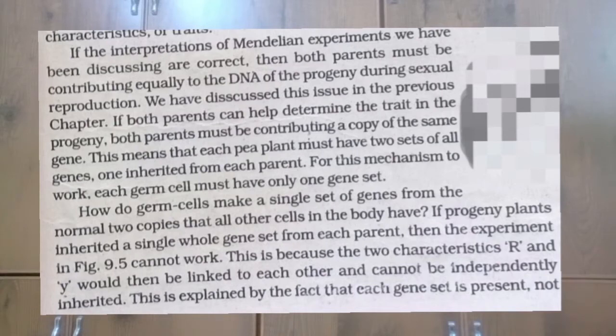How do germ cells make a single set of genes from the normal two copies that all other cells in our body have? If the progeny plants inherited a single whole gene set from each parent, then the experiment shown in figure 9.5 cannot work.